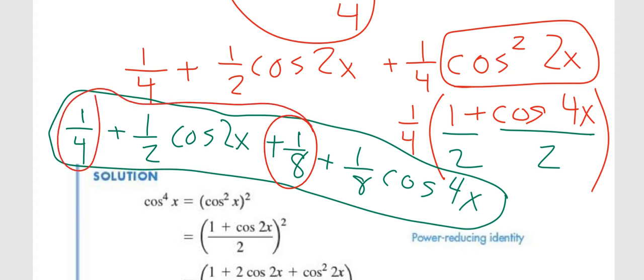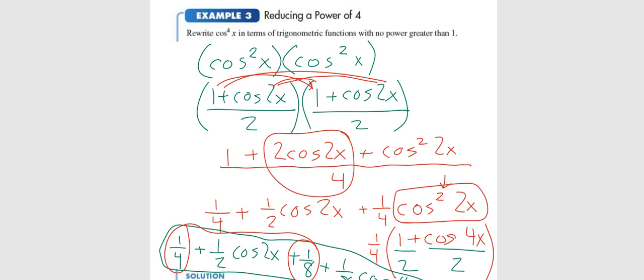How did you know you had to break down the cosines? Because they said I could not have a power over 1. If you look back at the rules of the game, they said rewrite cosine to the 4th x in terms of trigonometric functions with no power greater than 1.